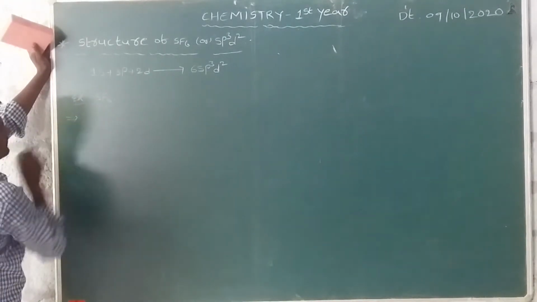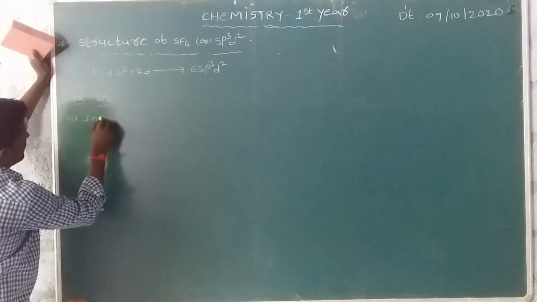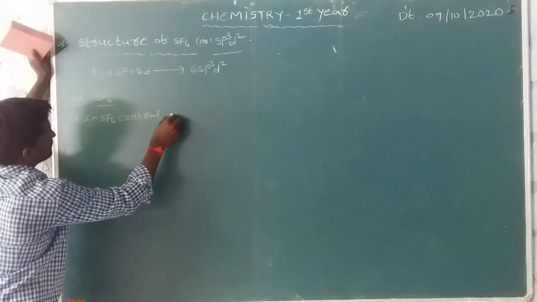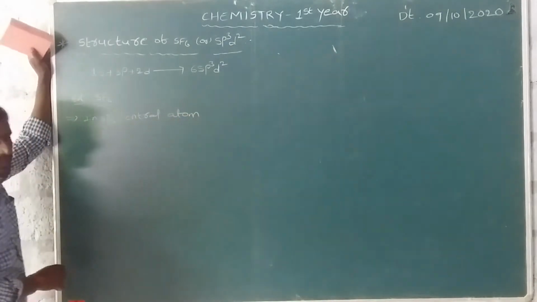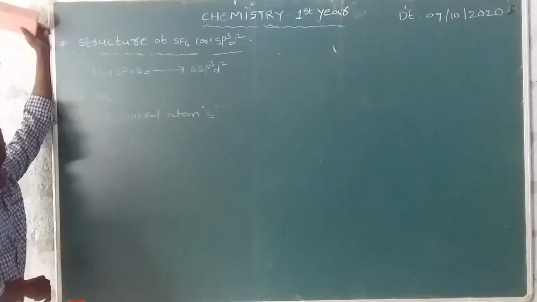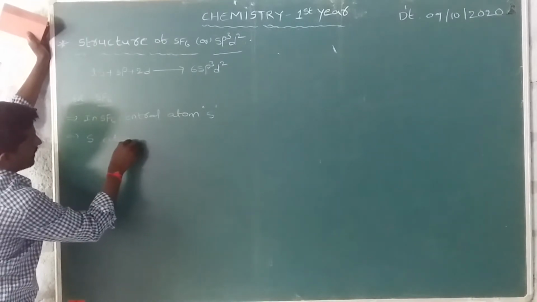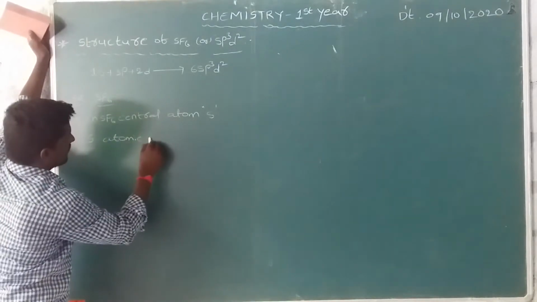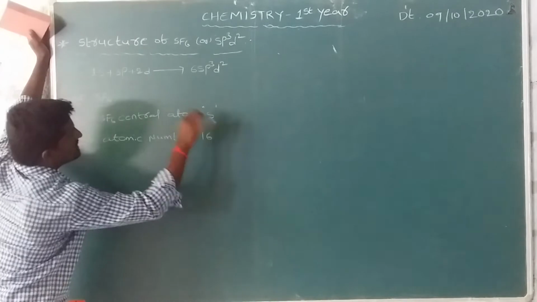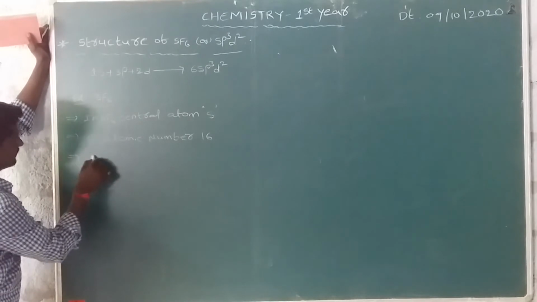First point, same as in PCl5, in SF6 the central atom is sulfur. Next, sulfur atomic number is 16.